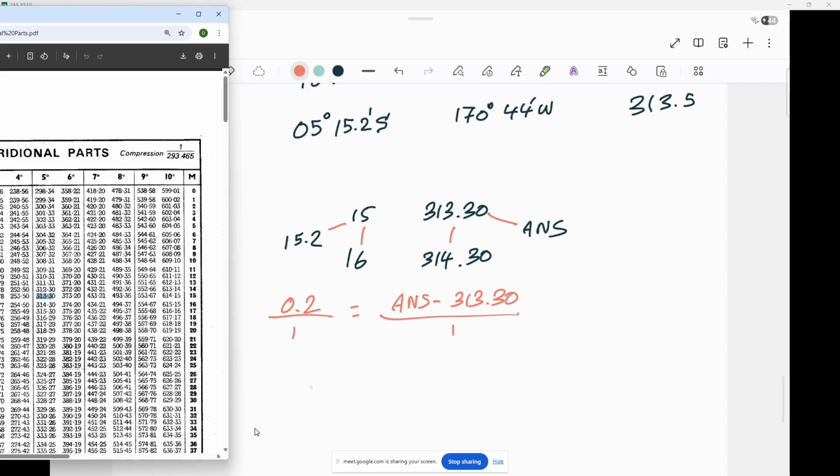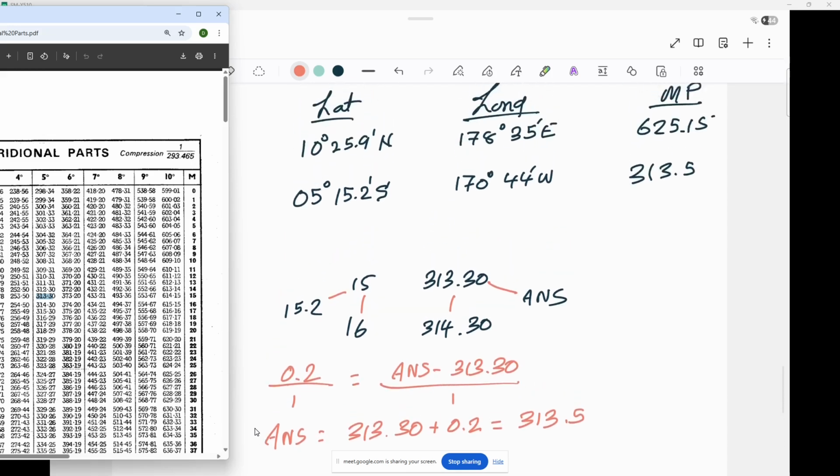So the answer is very simple: 313 decimal 30 plus 0.2, which is 313 decimal 5. Are we clear, guys? You guys are following?